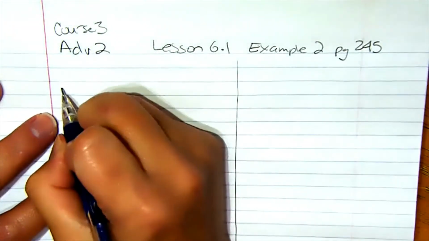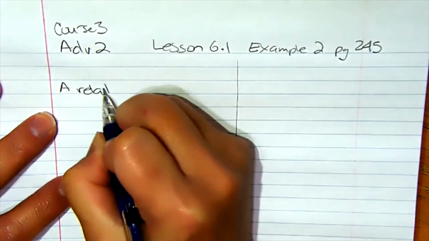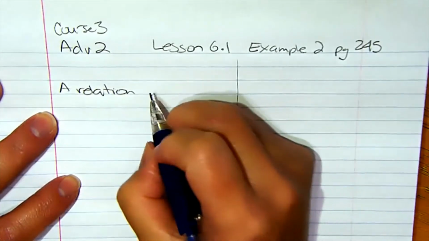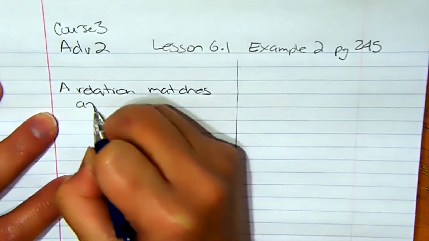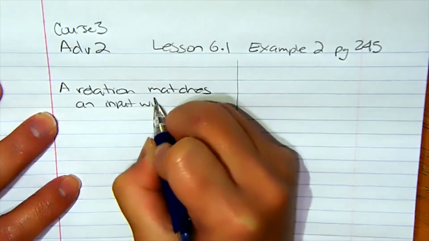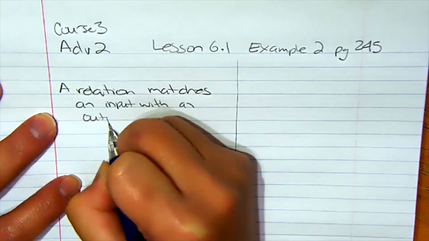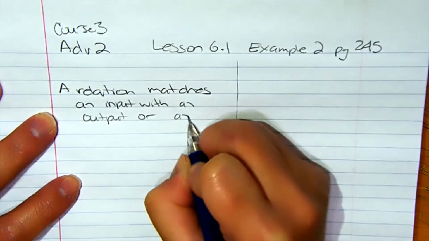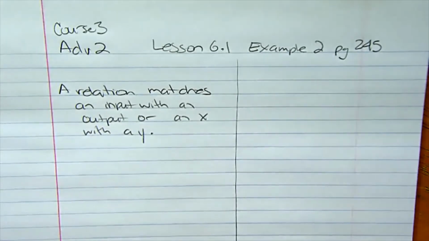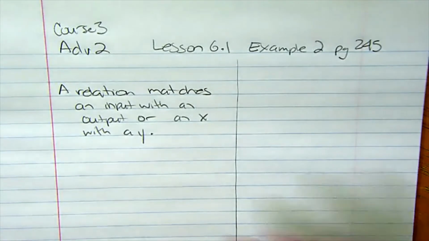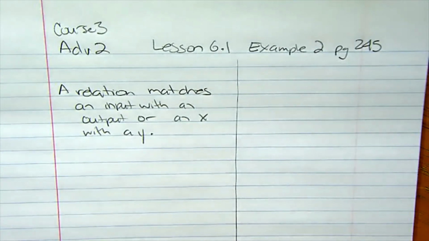And we need to remember a relation matches an input with an output, or an X with a Y. So yesterday, they gave us ordered pairs and we needed to create a mapping diagram, or they gave us a mapping diagram and we needed to create ordered pairs. So we were strictly dealing with relations yesterday.